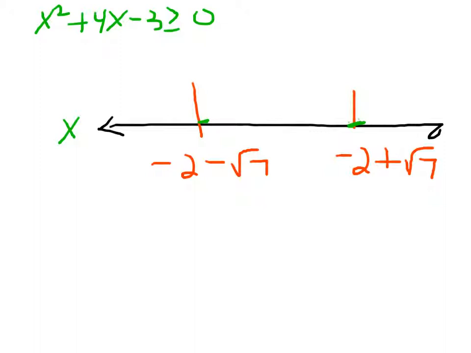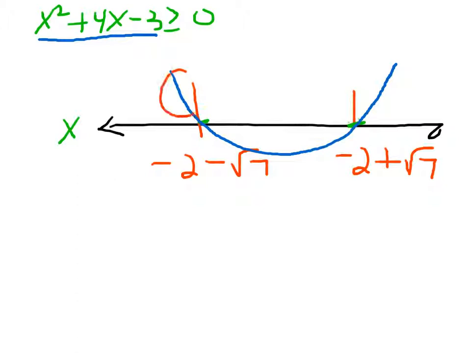So rather than pick those numbers, I picture the parabola. I know that this is a parabola that opens up, and I now know the two zeros of the parabola. So I'm just going to imagine the parabola opening up through those two zeros like that. Now where I see the parabola above the x-axis, I realize that that's when those values are positive.